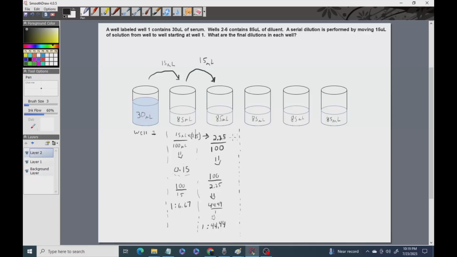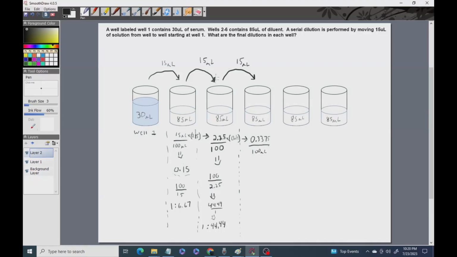So to get our next dilution that's going to emerge out of well 4, we would take 15 microliters, multiply 2.25 by our multiplier 0.15, and that's going to give us 0.3375 out of 100 microliters total.